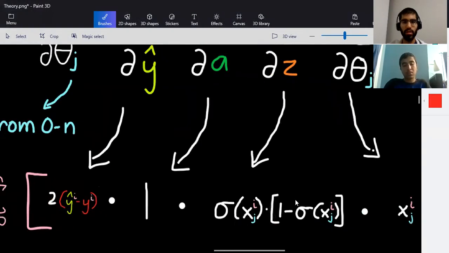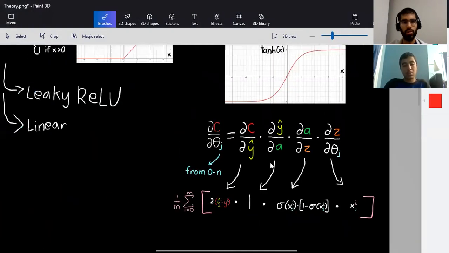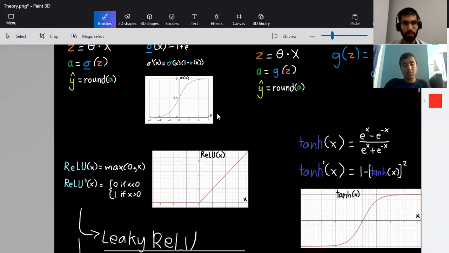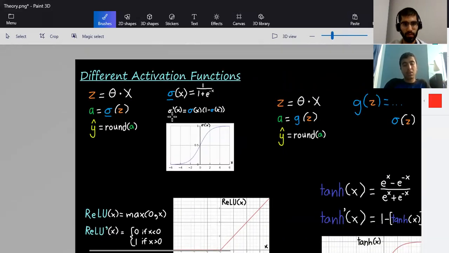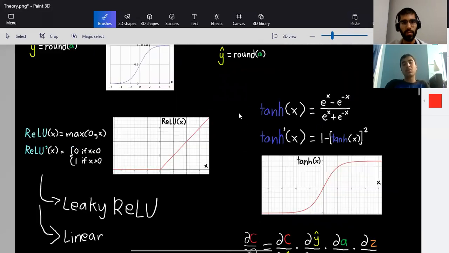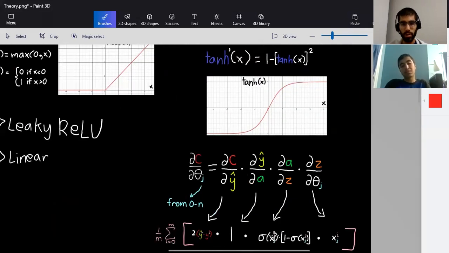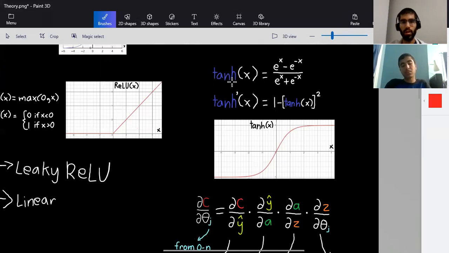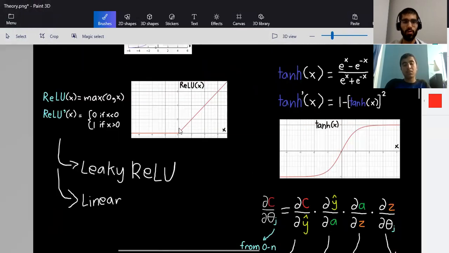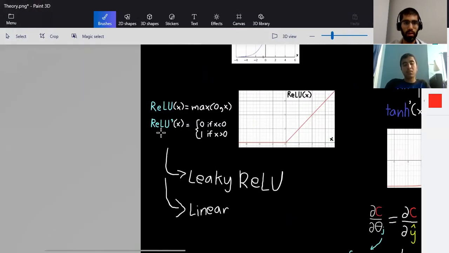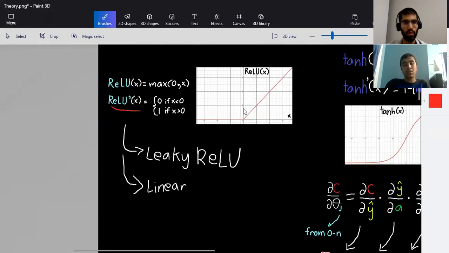You'll recognize this as the sigmoid derivative from up here. However, it's not always going to be the sigmoid derivative. If you're using a tanh activation, then you're going to have this derivative. If you're using a ReLU activation, you're going to have this derivative.